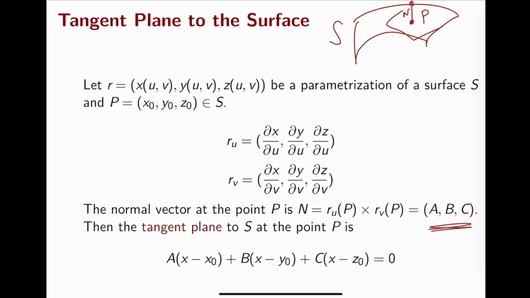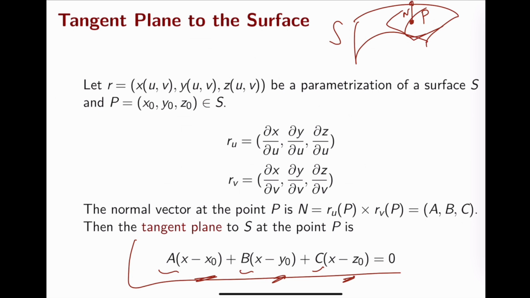Let's call a, b, c the components that we get by this calculation. And then the tangent plane to the surface is going to be given by a, b, c, the components of the normal vector, times x minus the component of the point where we want to calculate the tangent plane.